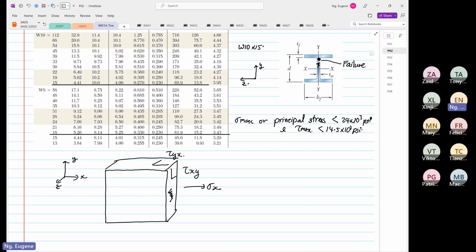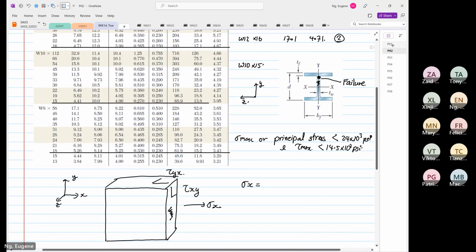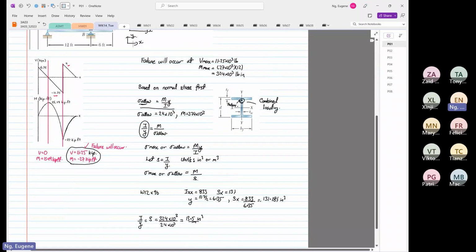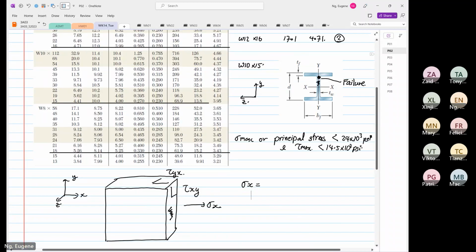So stress X is straightforward. The moment we know is equal to 324 times 10 to the power 3.